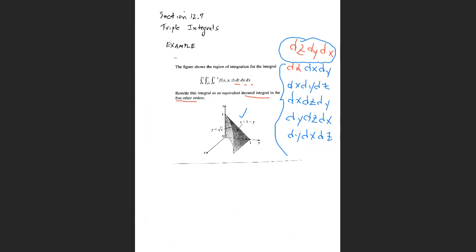Think about what the limits would be for dz dx dy. Let me go to the next page and show you how you want to work this. Let me show you one thing first, before I go to the next page.